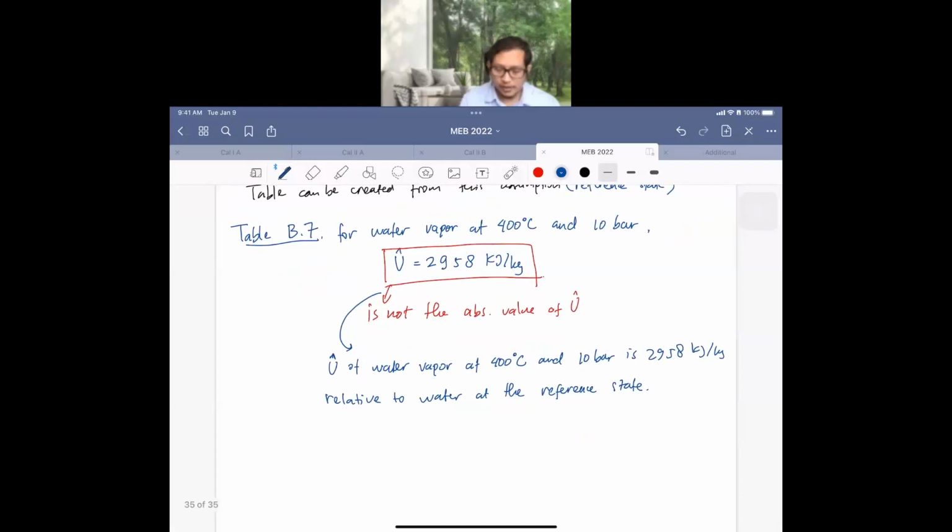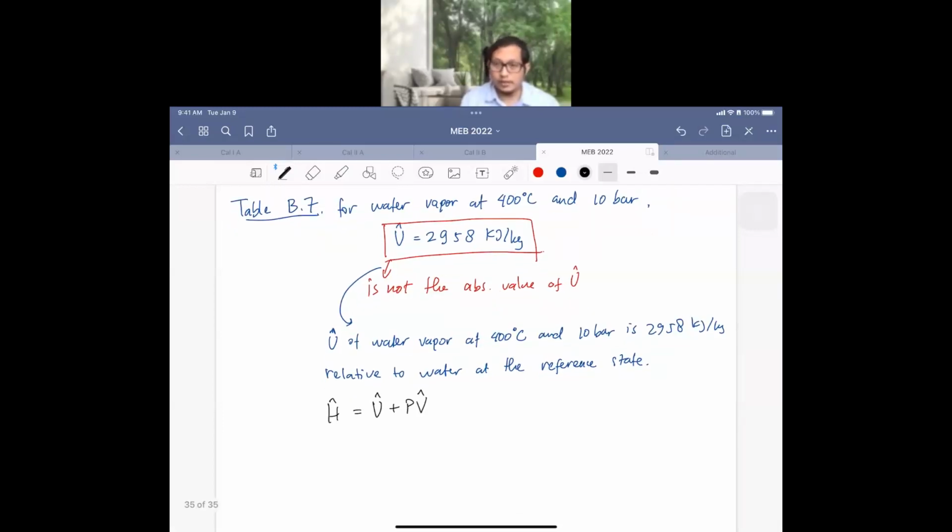And from these numbers, we can also get the enthalpy, which is the internal energy plus pressure times specific volume.